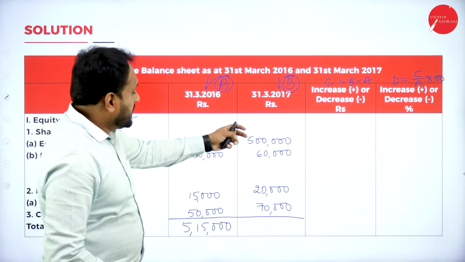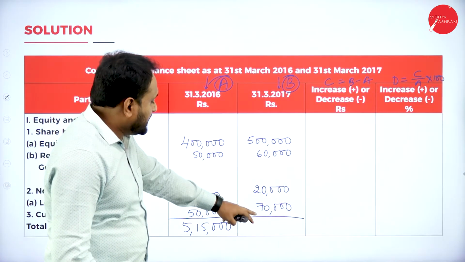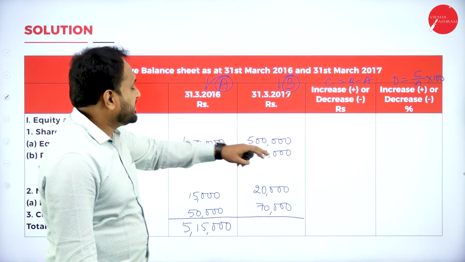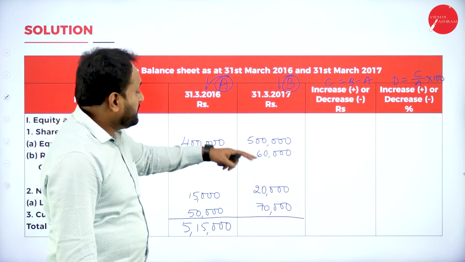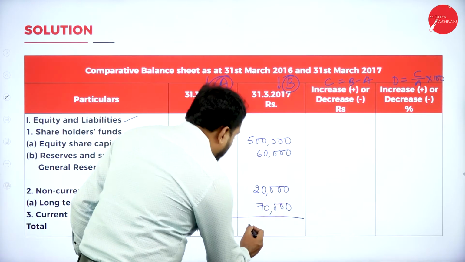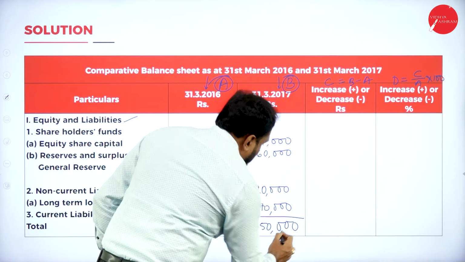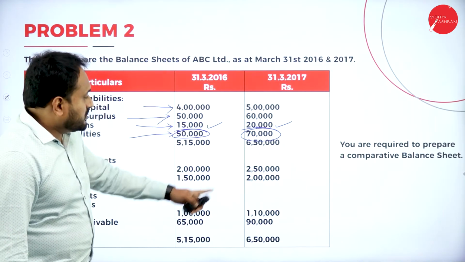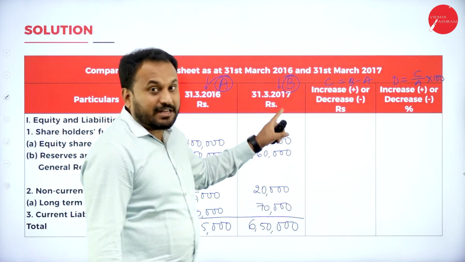Next, let me add all these. 7 plus 2 is 9, 9 plus 6 is 15. So 15 plus 50 is 6 lakh 50,000. So we got here 6 lakh 50,000. Now understand, here also 6 lakh 50, 5 lakh 15, 5 lakh 15, 6 lakh 50. Done. So I'm done with this.